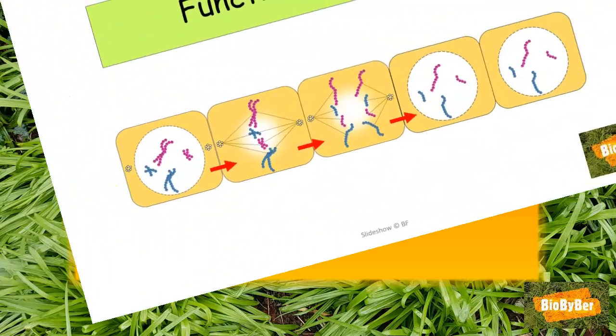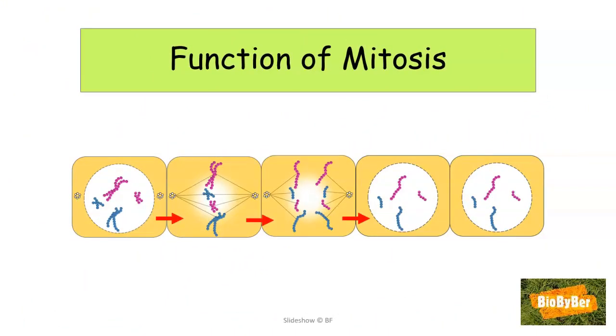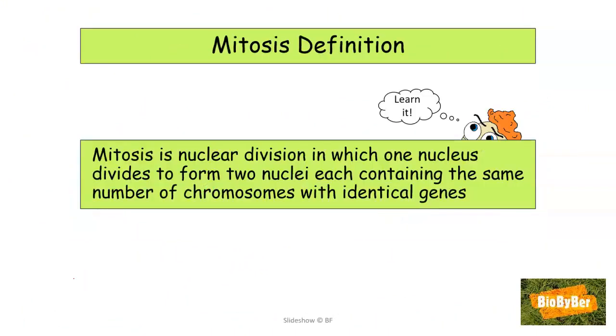Before looking at the function of mitosis, let's remind ourselves of the definition of mitosis, which we learned in a previous video. Mitosis is nuclear division, in which one nucleus, seen here in a cell, divides to form two nuclei, each containing the same number of chromosomes with identical genes as each other.